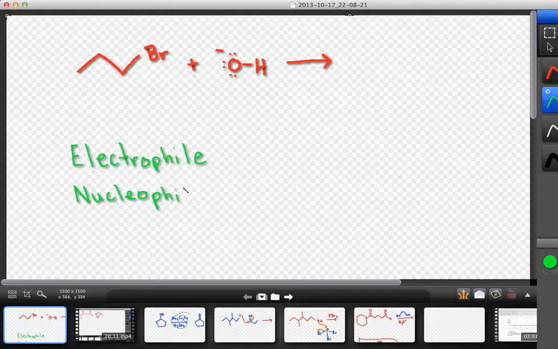Relating this new terminology back to acid and base theory, which we've recently covered in class, electrophiles can easily be classified as Lewis acids, while nucleophiles can be classified as Lewis bases.